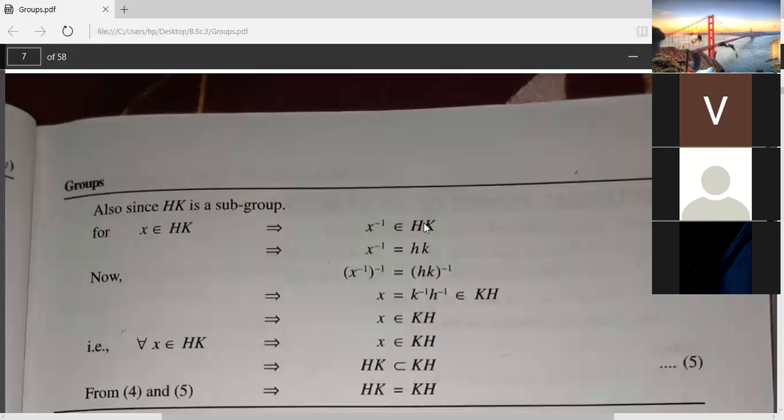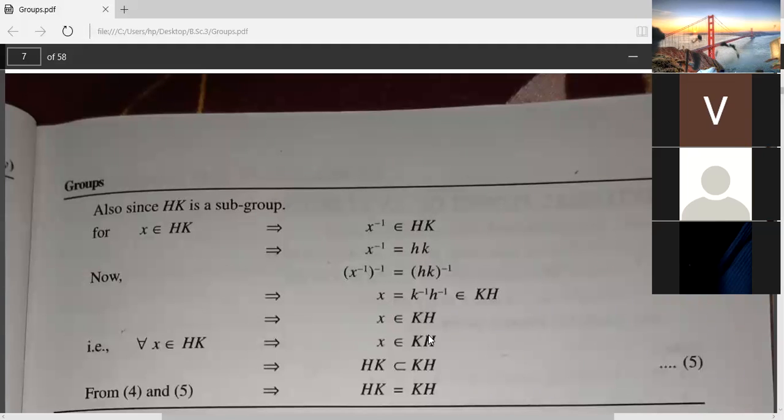Now you have to prove HK is a subset of KH, because to prove A is equal to B, you have to show A is a subset of B and B is a subset of A. Now you take an element of HK, that means x belongs to HK. The same you have to prove belongs to KH, then you can write HK is a subset of KH.